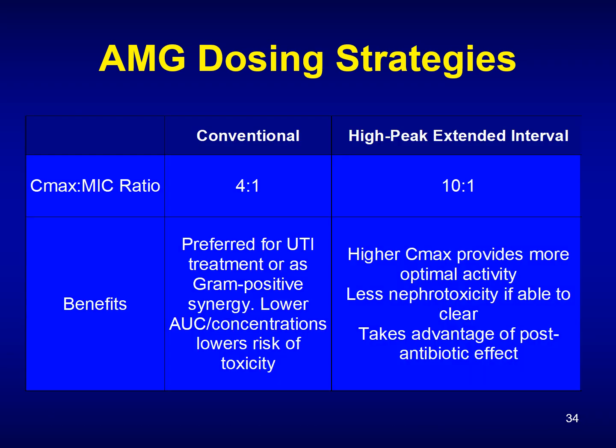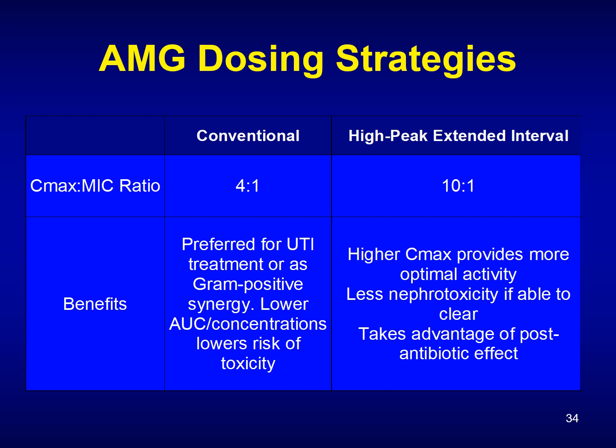When dosing to target Cmax to MIC ratio, we can either do conventional dosing, where the target is 4 to 1, or high peak extended interval dosing, where the Cmax to MIC ratio target is 10 to 1. The conventional method is preferred for infections where the Cmax doesn't have to be so high, for example, UTI or gram-positive synergy.